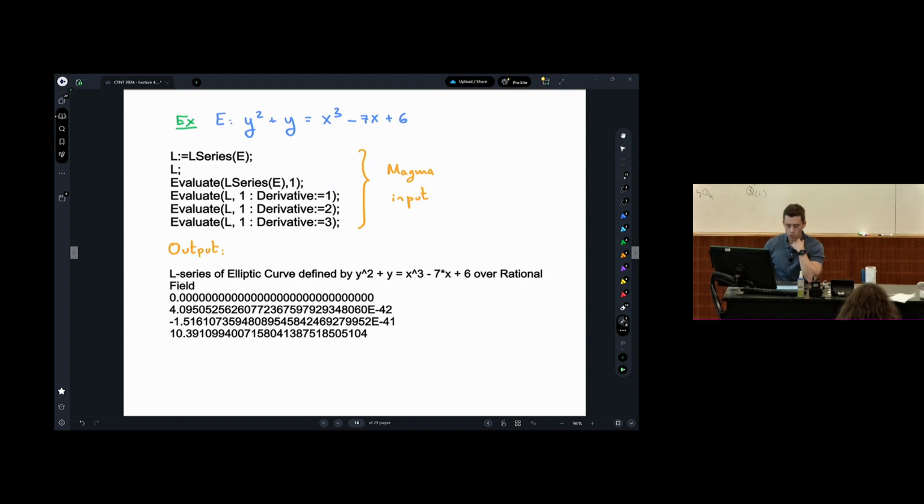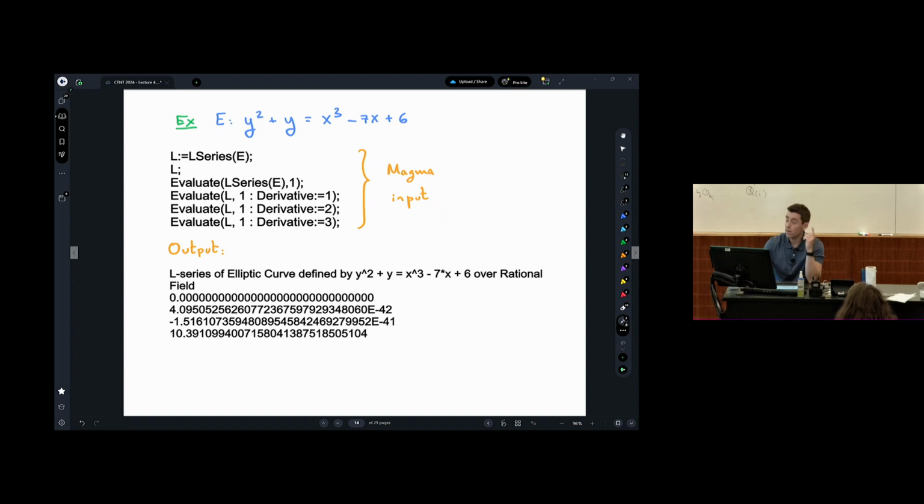Okay, so let me show you an example again with the Gauss elliptic curve. With Magma, you can define the L series, so L is the L series of that elliptic curve, and then you can evaluate that L series at values. Because I know the rank is 3, I can do it computationally.